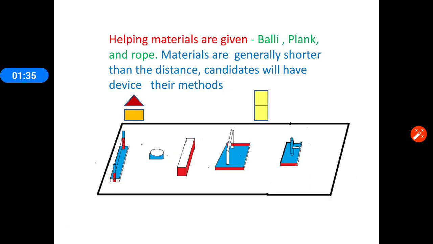When you do these obstacles, they give you certain helping material, that is a bully, plank, and a rope. The helping material provided is generally shorter than the obstacle you have to gap, you have to bridge. So you have to apply your brain and find out some method, and this is where they test you.